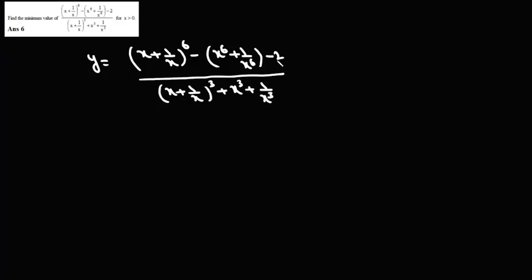Here what we'll do is we'll take this minus 2 with this second expression. So we can write this as minus, and here will be this x to the power 6 plus 1 upon x to the power 6 plus 2, which actually is a square plus b square plus 2ab.